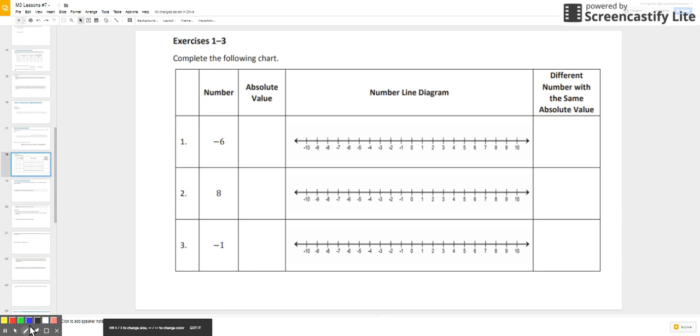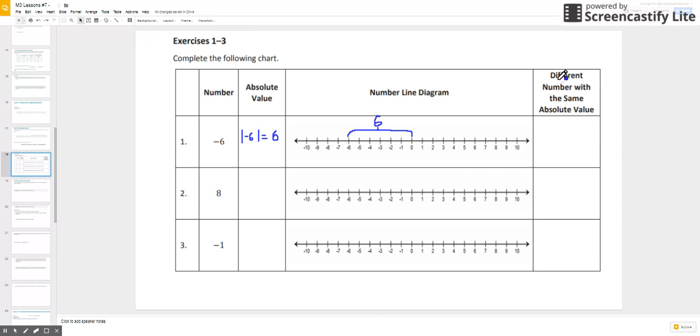First, we want to find the absolute value of -6. So of course we want to simply write it as an equation. The absolute value of -6 is equal to, hopefully we understand, 6. Now if we graph it as a diagram on a number line, we go from 0 and travel all the way over to -6, and that has a distance of 6.